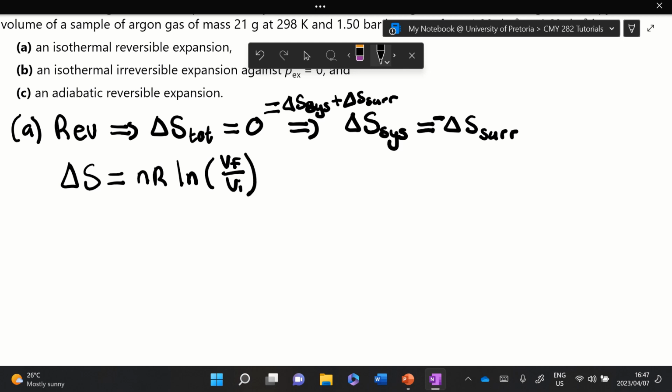We looked at something like that. So that's essentially what it is. Of course, this is for the system.